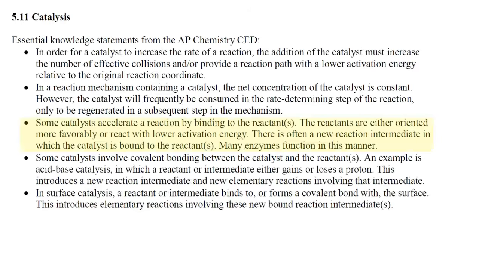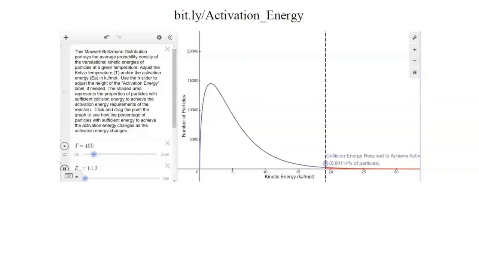So this question falls under topic 5.11, catalysis. Some catalysts accelerate a reaction by binding to the reactants. The reactants are either oriented more favorably or react with a lower activation energy. So that's the important point. It's going to be a lower activation energy.